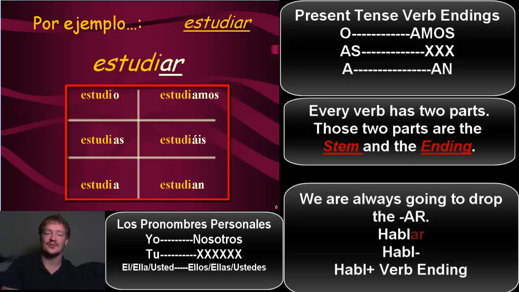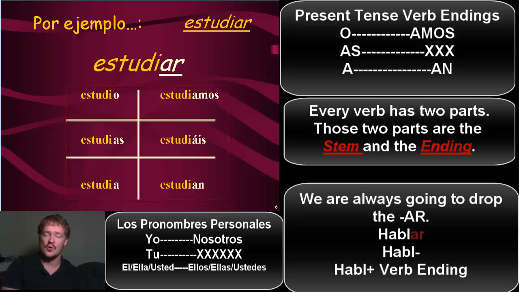So we would have yo estudio, I study; tú estudias, you study; ella estudia, she studies; nosotros estudiamos, we study; and then finally ellos estudian, they study, or those guys study. So go ahead and take a few seconds, write these down on your handout, and we will move on.